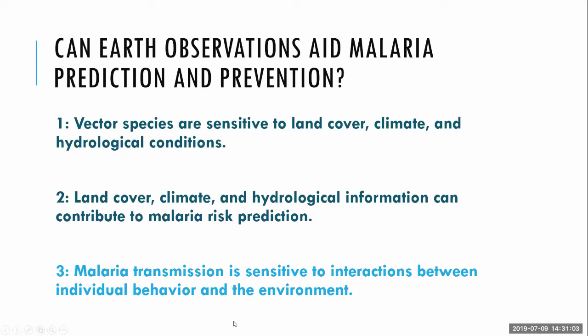The last point I want to make is that up till this point, I've been talking about how you use Earth observations to inform estimates of land cover and weather and hydrology in order to predict where mosquitoes or malaria might be. But implicit in that second step, in figuring out where the malaria is, is this idea that there are interactions happening between people and their environment.